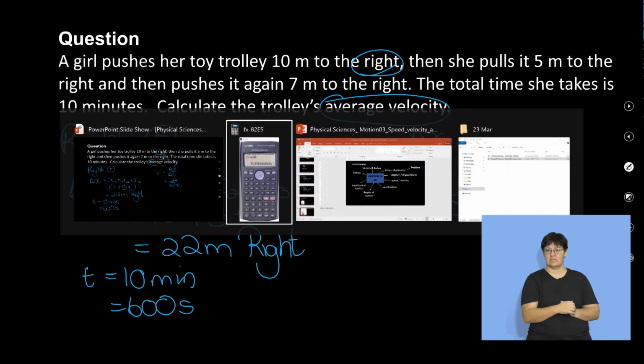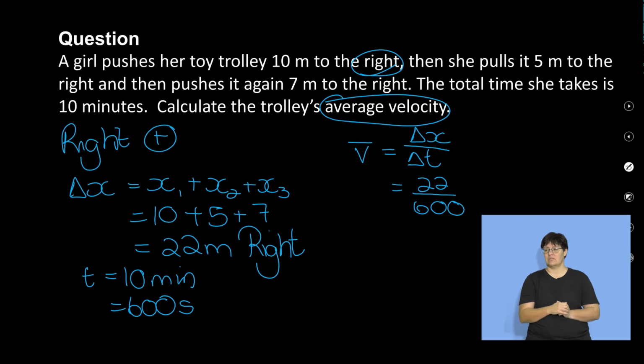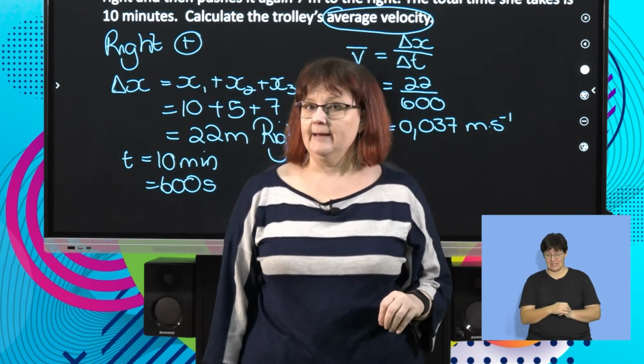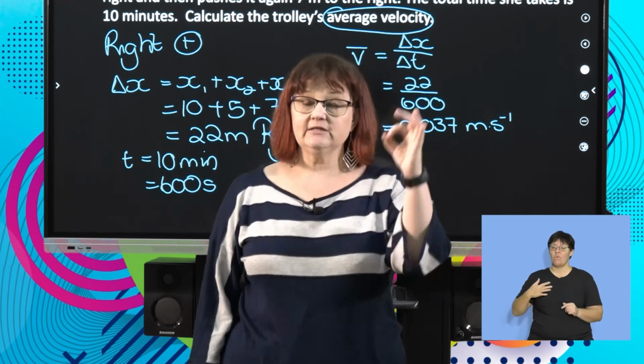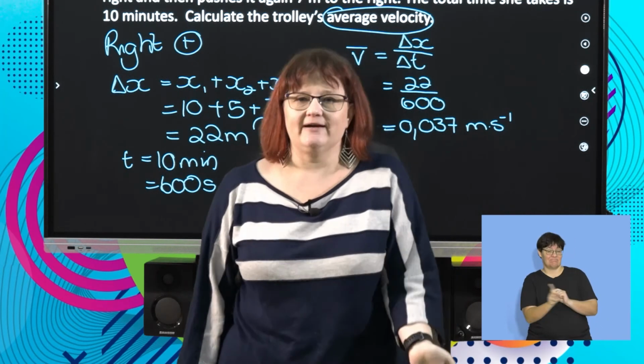So now let me just remind you, it's still on the calculator, 22 divided by 600, which is 0.037. We're going to round it off. But we're not done. Yes, this is the same value as her average speed was. Okay, but I wanted average velocity, which means I need to give a direction.